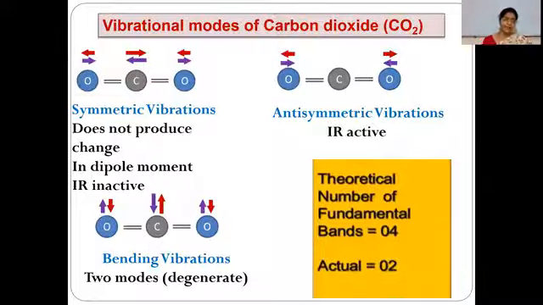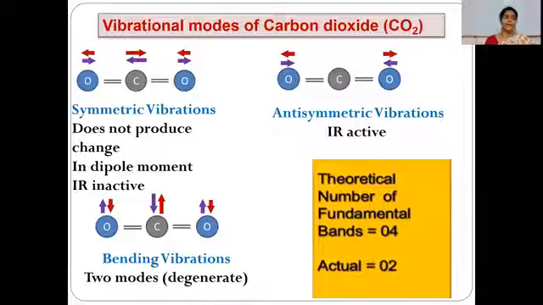Another, bending vibration. In carbon dioxide, out of plane bending is possible. At one time, both the oxygen atoms go above the plane and another time go below the plane. Energy required for both the vibrations is similar.